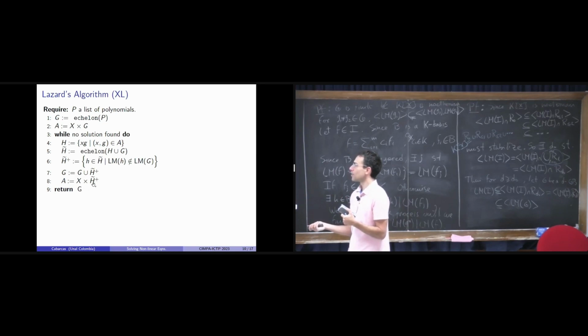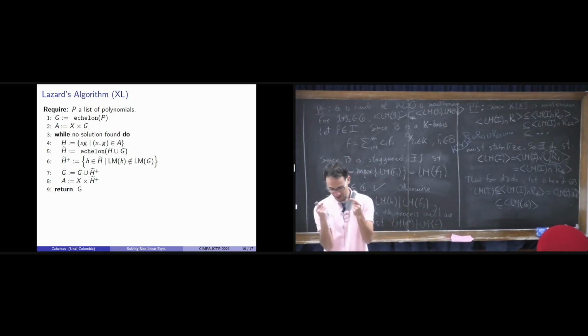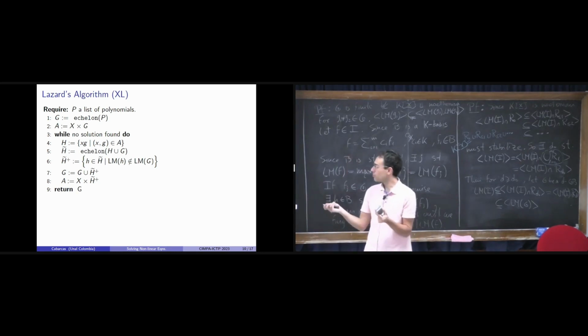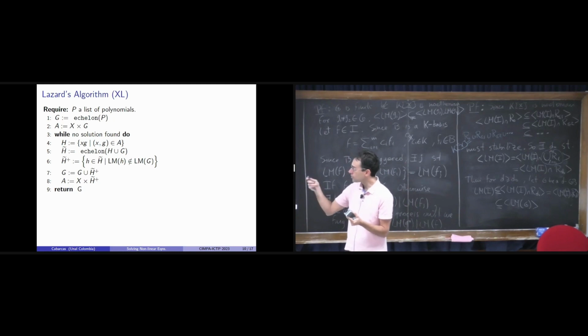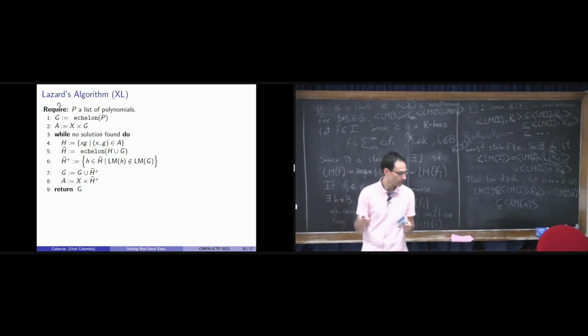And then consider next all pairs of variable and the new polynomials, and continue that way until you find a solution. So the notation may seem a little strange, but it's going to be helpful when we jump to the F4 algorithm.